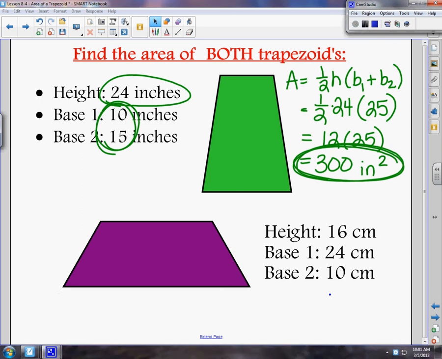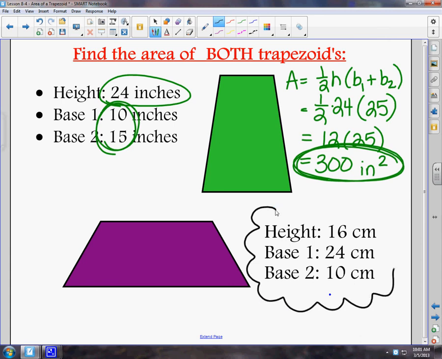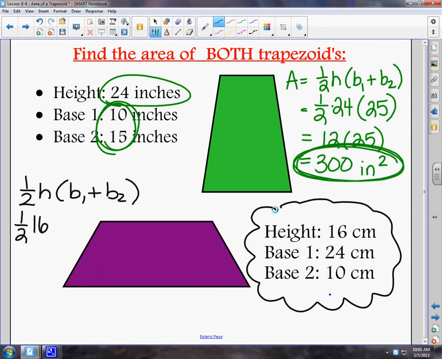All right, so try this next one, and then we'll go over the answer. All right, so I have 1/2 the height times base 1 plus base 2. So 1/2 the height is 16, and then base 1 plus base 2 is 34 because I just added 24 and 10.